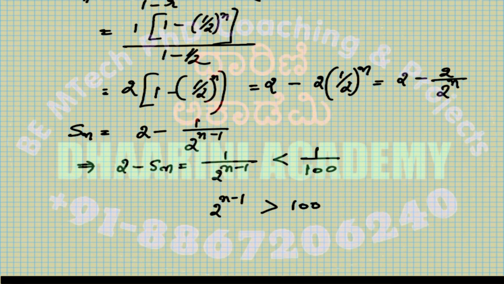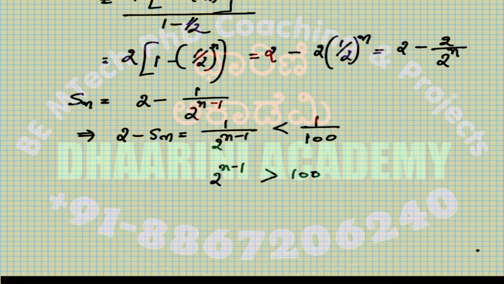So which is the value of n that satisfies this condition? 100 is actually, I can write, greater than 2 to the 6. So I can say that 2 to the n minus 1 is greater than 2 to the 6. That implies n minus 1 should be greater than 6.